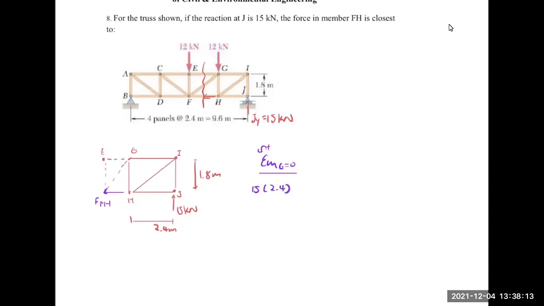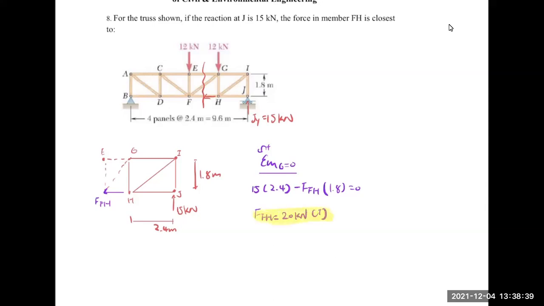Okay, and then we'll have this FFH as well about G, that's going clockwise, so that's negative. Perpendicular distance of 1.8 meters equal to 0. So we have FFH equal to 20 kilonewtons. Okay, and that's in tension as well.